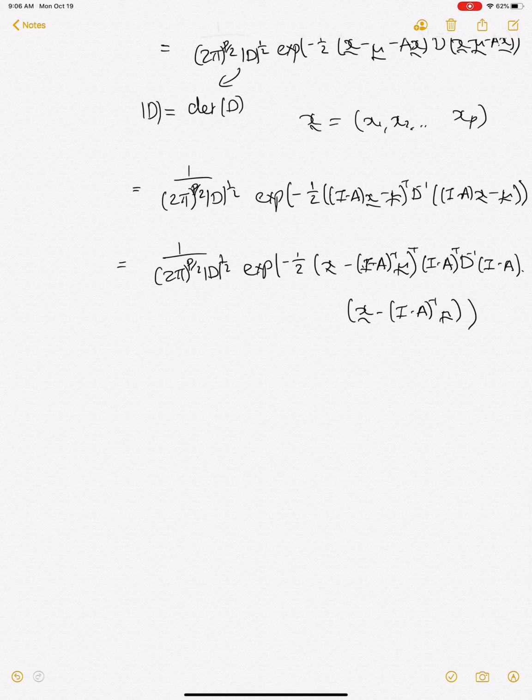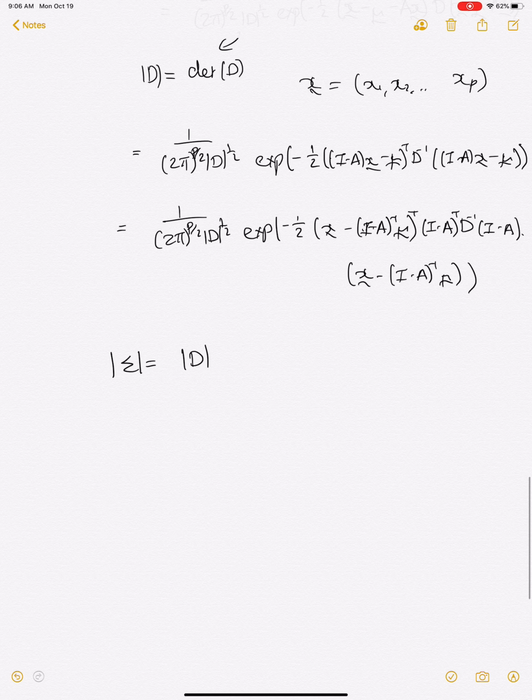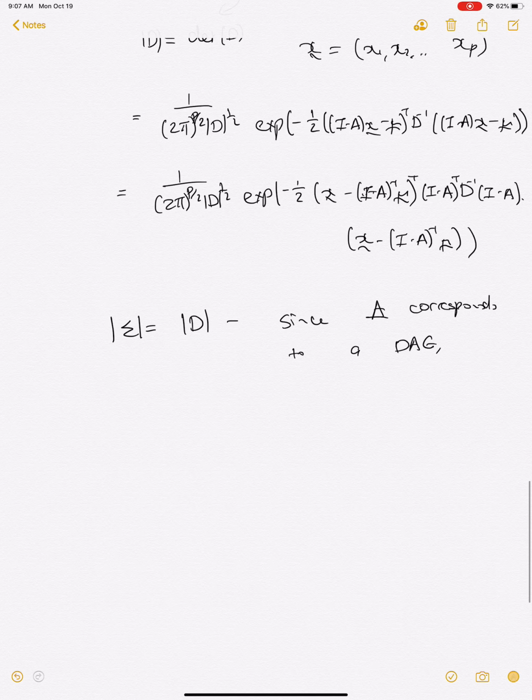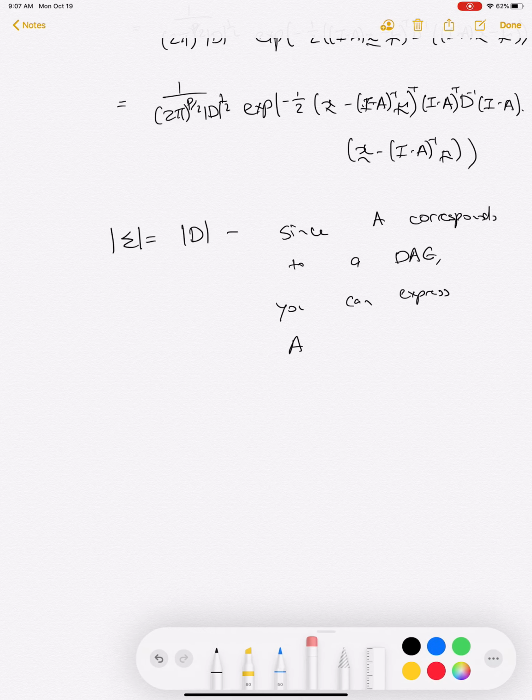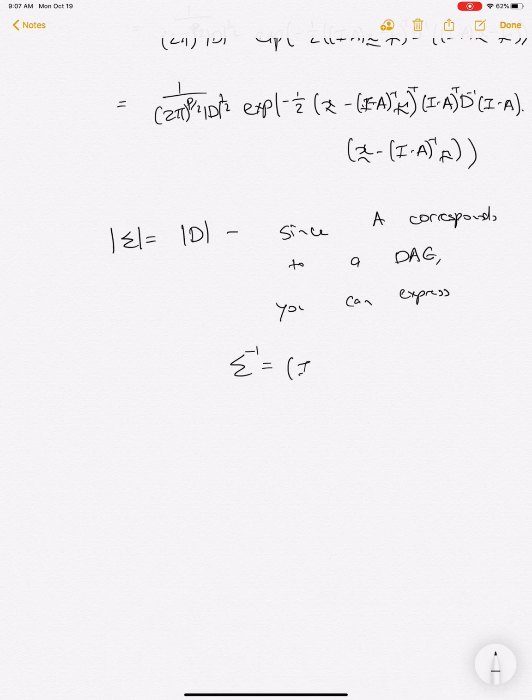one thing to note here is that the determinant of sigma actually equals the determinant of D. And this is not something that's necessarily obvious, but the reason is since A corresponds to a DAG, you can express sigma inverse equals I minus A transpose D inverse I minus A. So let's take a step back here.